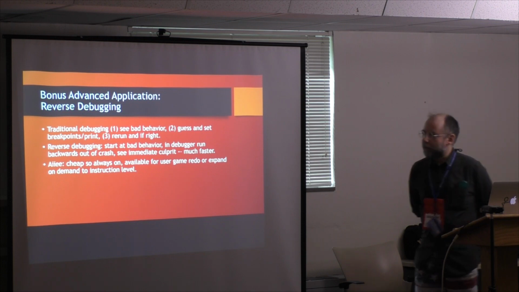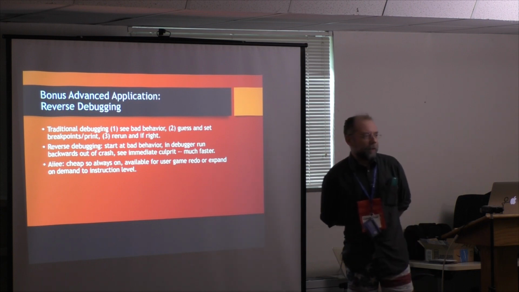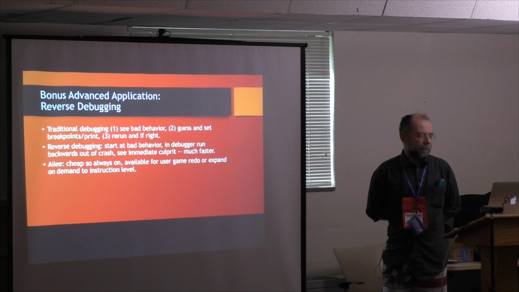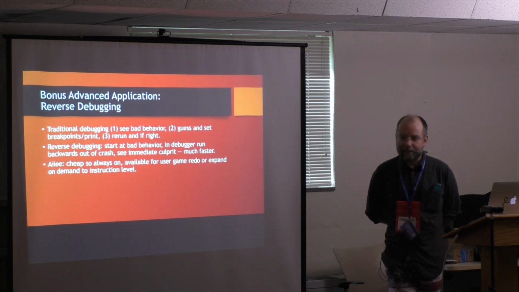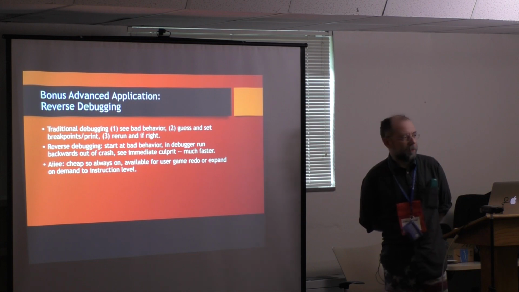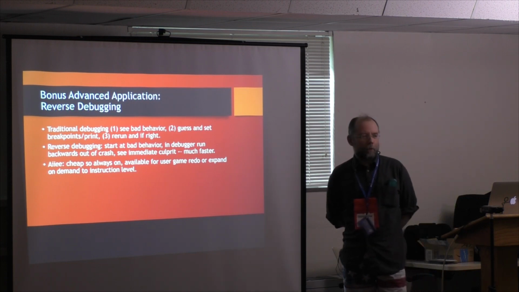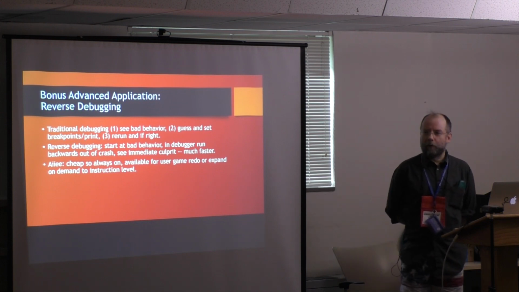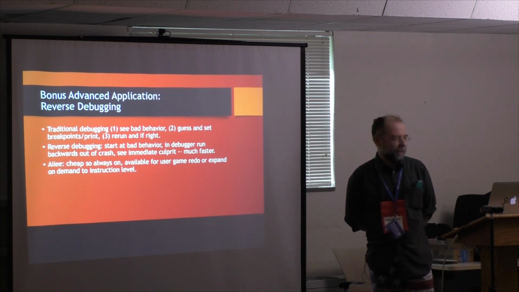So let me first describe what reverse debugging is. Usually in regular debugging, you encounter a crash or some anomalous situation, and then you make a guess about what the cause of that could be, and then you insert watch points and break points and print commands, and then you rerun the program up to that point, and you hope you've made a good guess of what the cause was.